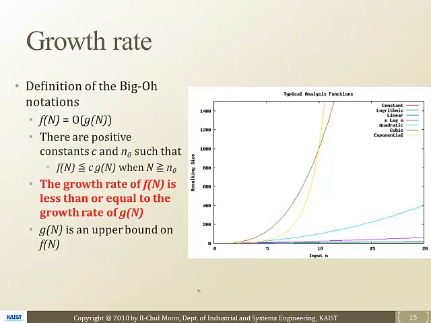So if we draw a certain runtime graph with this Fn, this is the one thing that we can find out, right? The growth rate of Fn is less than or equal to the growth rate of Gn.